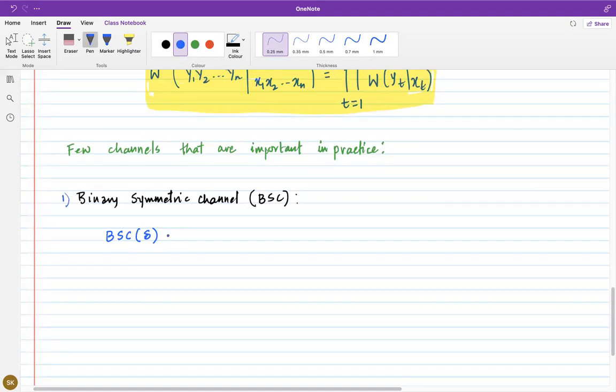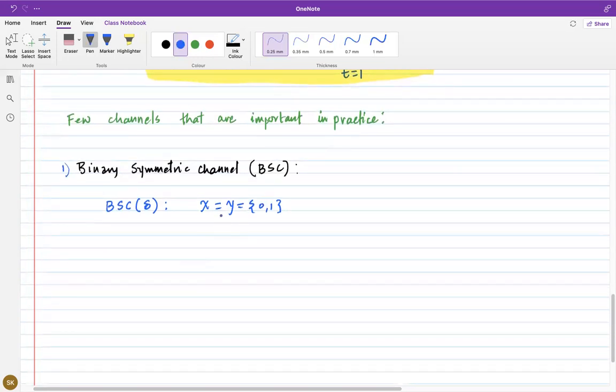By that, what we mean is the following: for this channel, the input alphabet and output alphabet are both equal, and in fact they are the binary field, that is 0, 1. That's why the name binary. Whenever you give inputs 0 and 1, the following happens. If you give the input 0 to this channel, the output that you receive may be either 0 or 1.